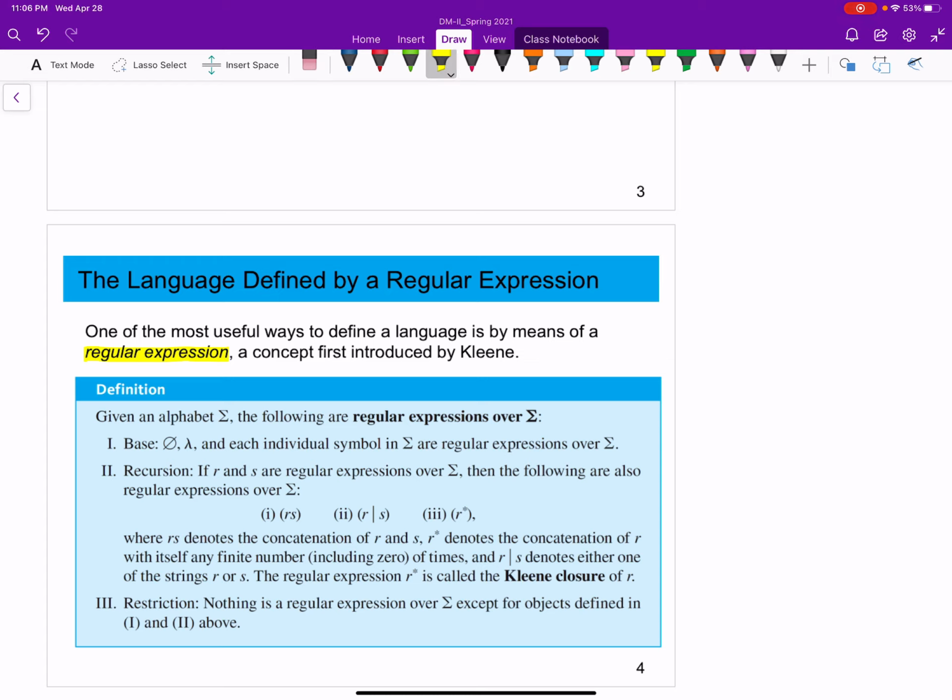First, the base. Here we define the base, which consists of the empty set and the string of length 0.